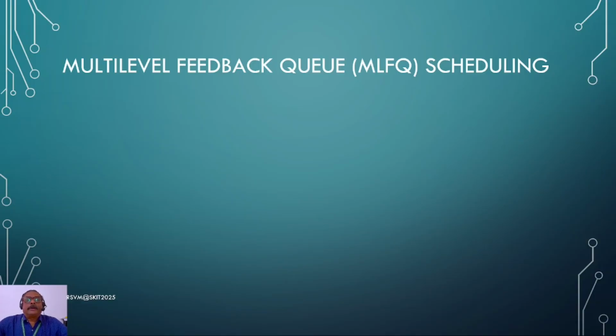Hi friends, welcome back. In the previous session we had seen multi-level queue scheduling, where we had multiple queues, each queue having a separate priority, and processes, whenever they come, have their importance identified and are made to sit in a particular queue, and the scheduling is done as per the priority.